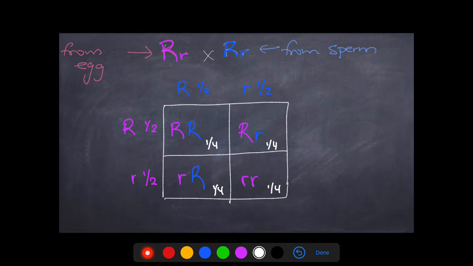The probability of getting capital R, little r is 1/4. And so the way that we can break this down is that the probability of this is going to be 1/4. And if you look, the probability of this is 1/4.